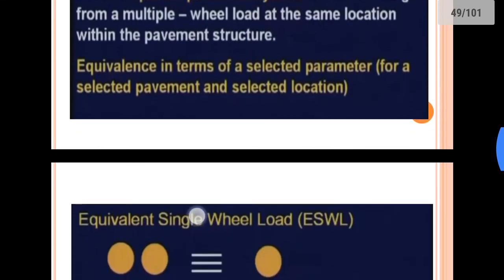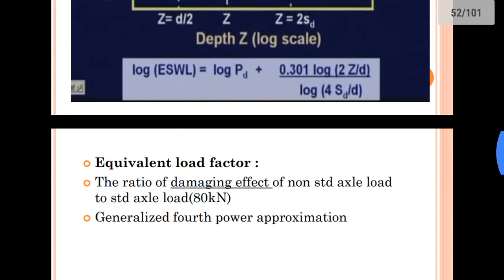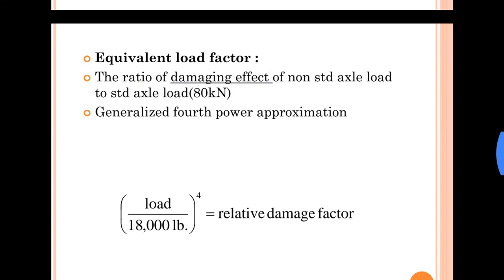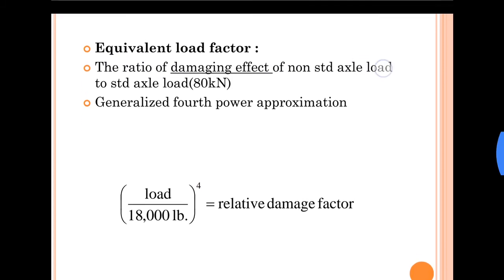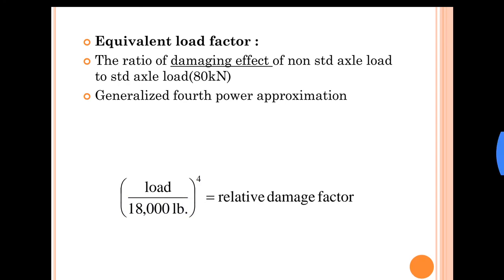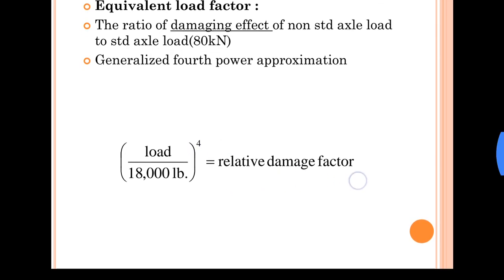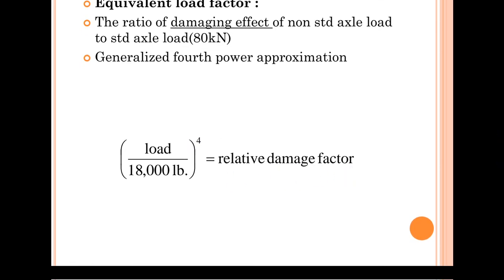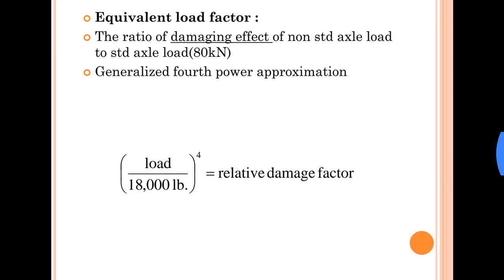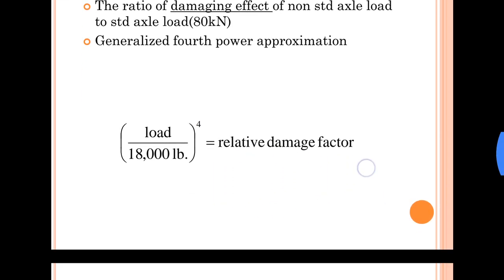So how do you find out the equivalent load factor? It is the ratio between the given load and the standard load, whole raised to the 4th power. This is nothing but the relative damaging factor. It is also known as VDF or vehicle damage factor.